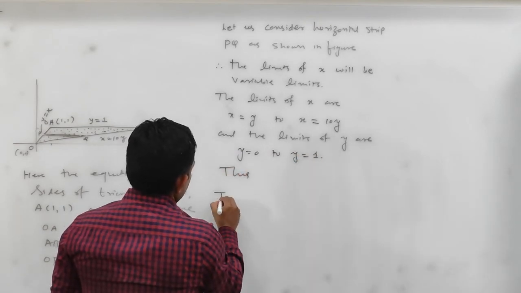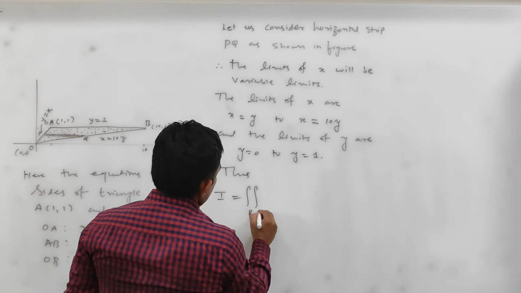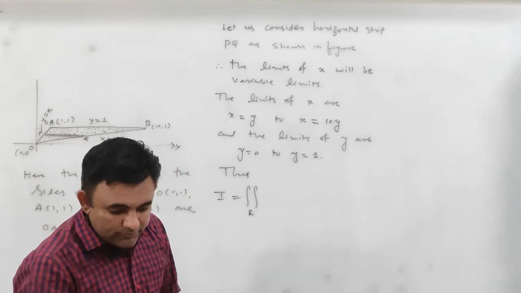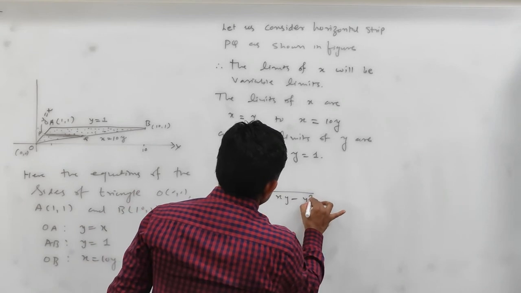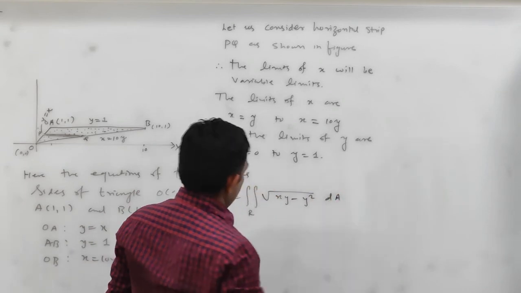So thus our double integration over R, what is it, I forgot, under root xy minus y square dA.